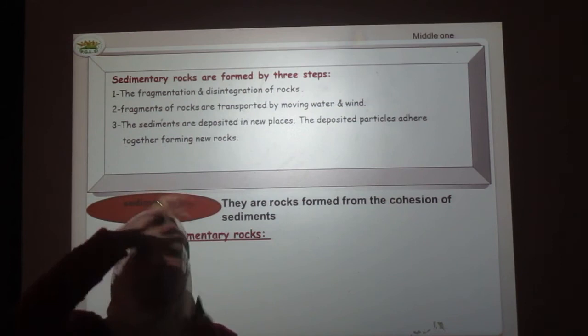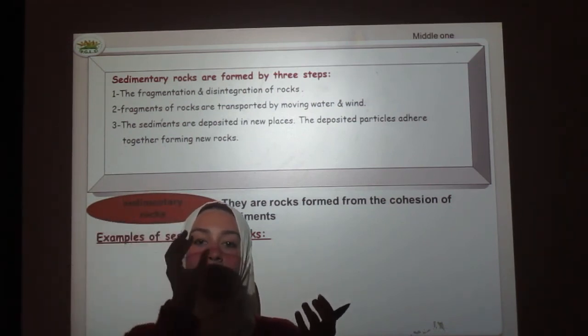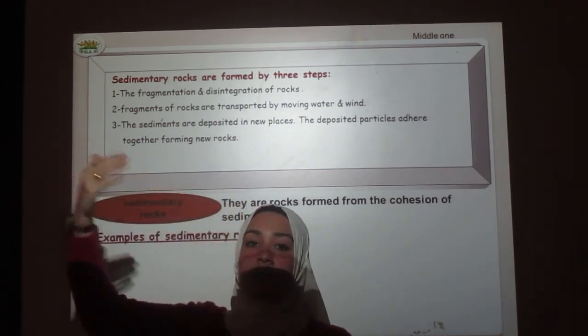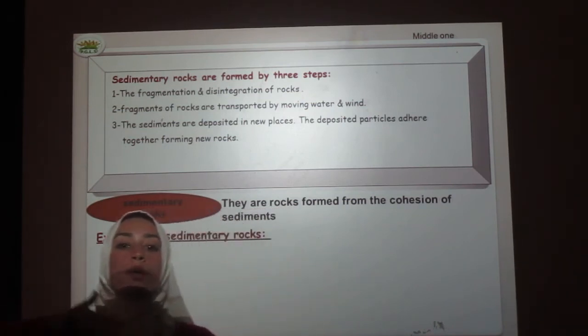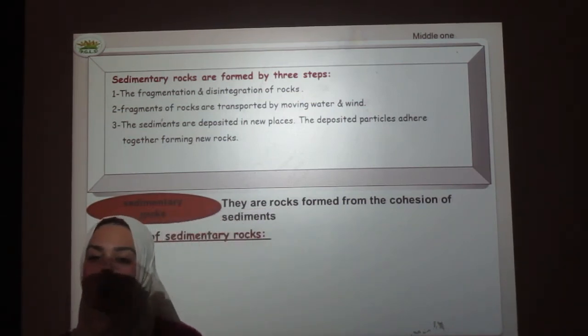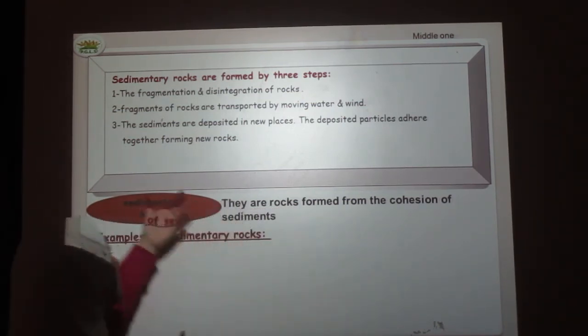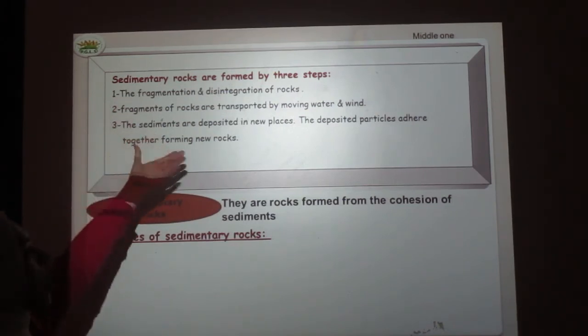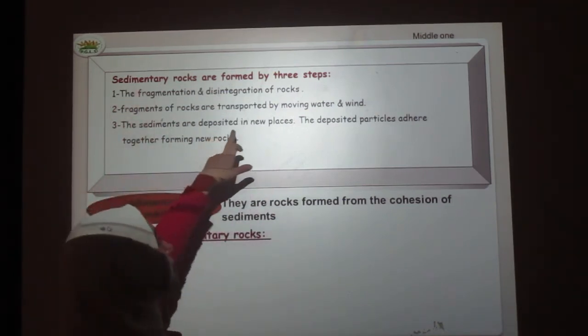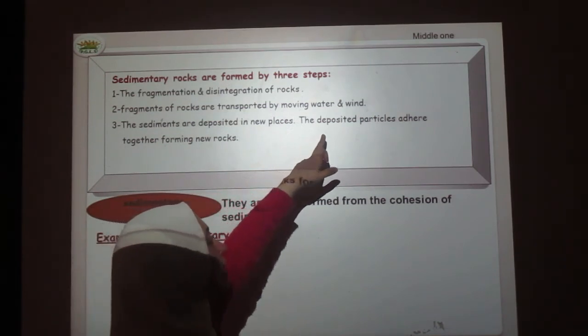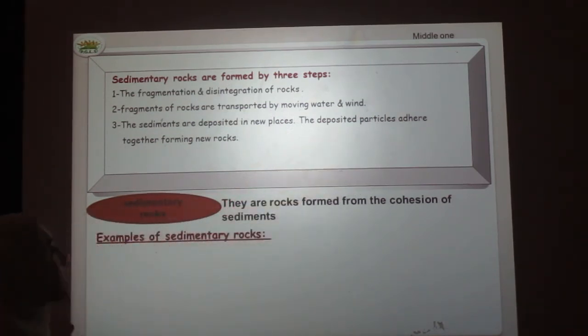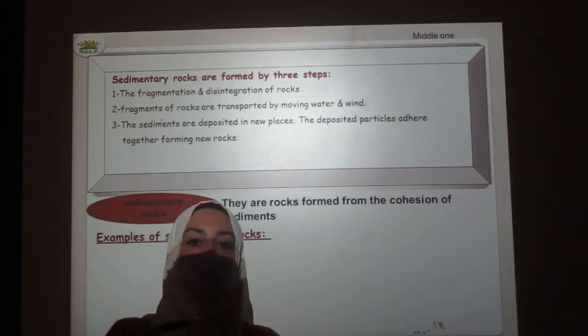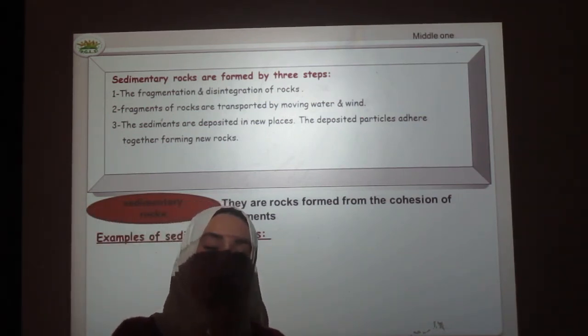Again, now we break the rocks. The waves or the quick water and the wind transport these rocks. The last one, the sediments are deposited in new places. The deposited particles cohere together to form rocks.